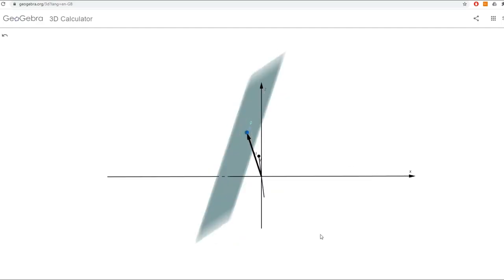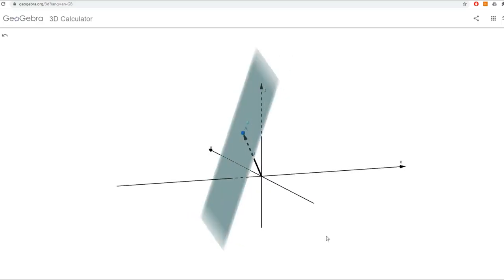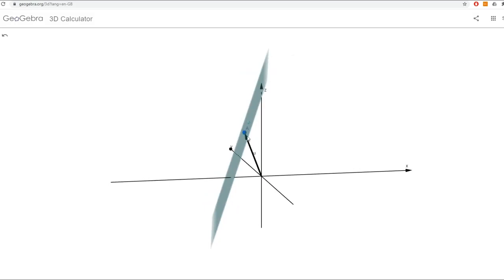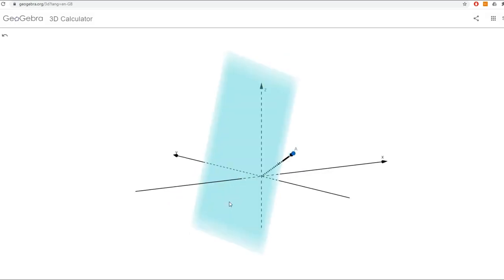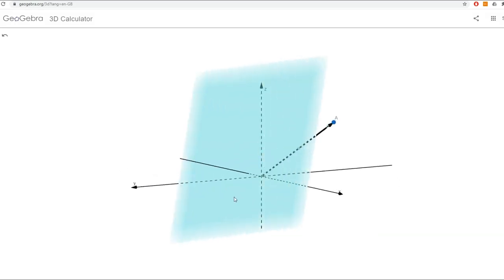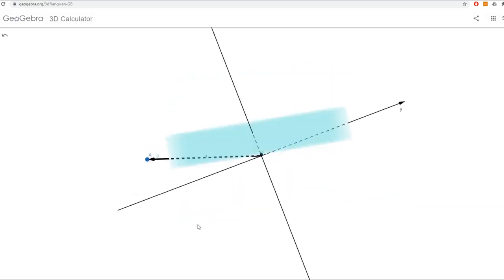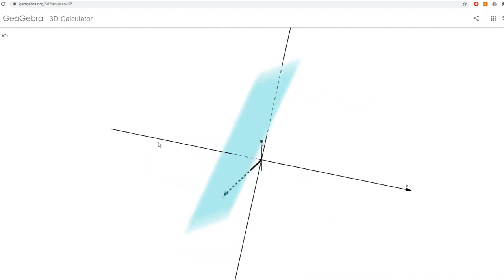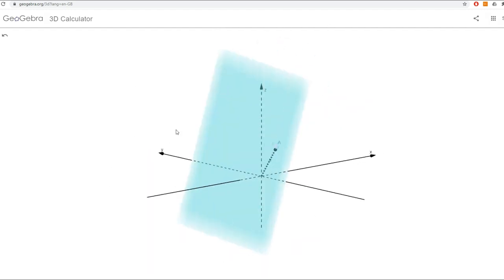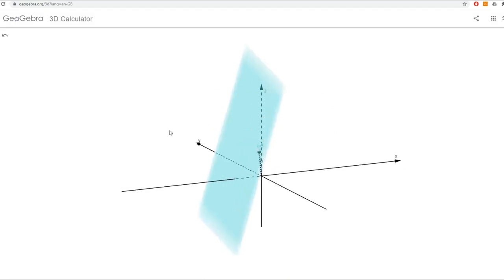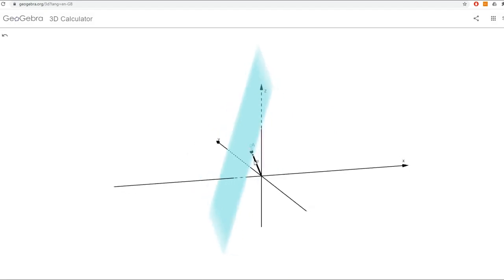So you can see on GeoGebra I've got a plane over here. The plane's called P, and I've got this vector going to this point A over here, as you can see. Okay? And depending on which way you look at it, you can hopefully see, if we make this go through the plane, that it does go, if we can get this angle right, it goes under and then touches the plane over here somewhere.